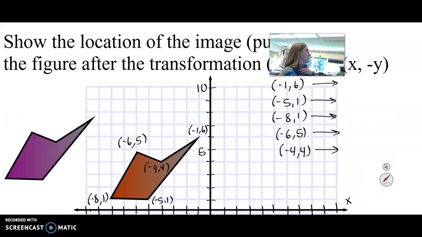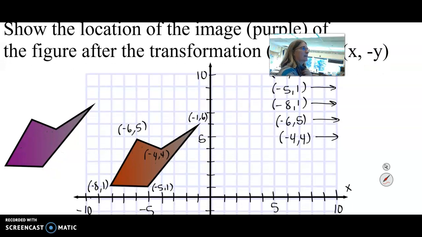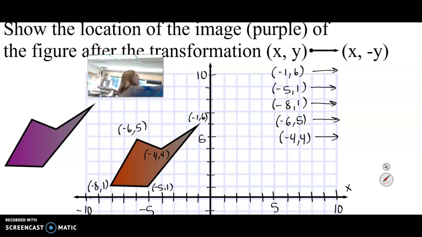All right. So show the location of the image, the purple image, after the transformation, (x, y) goes to (x, -y).